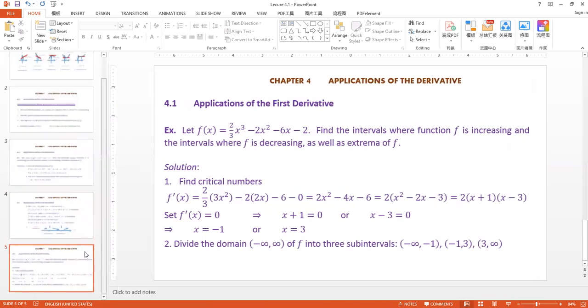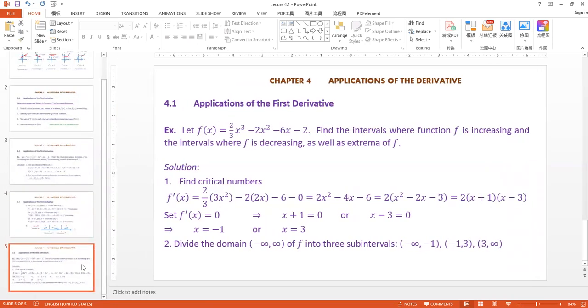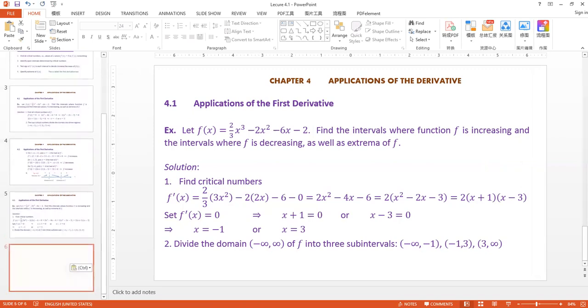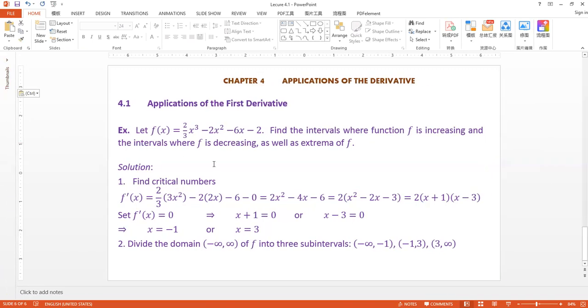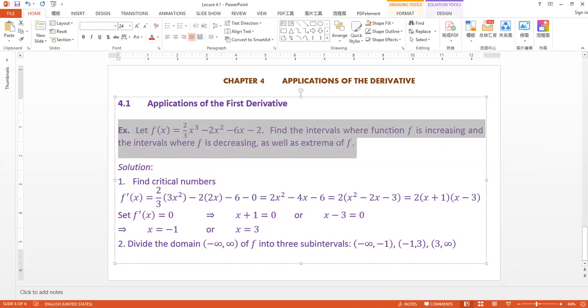If we find the derivative is negative, then the function is decreasing.